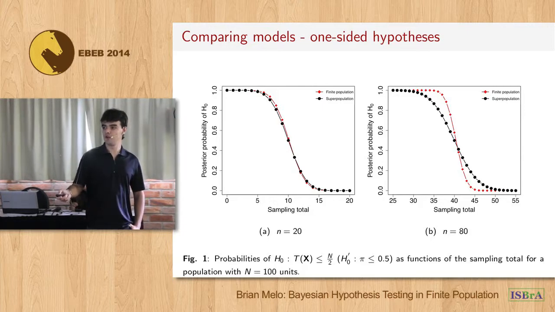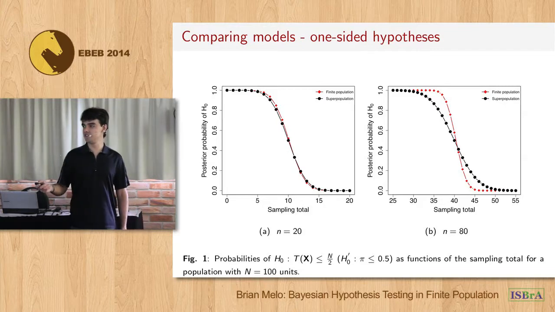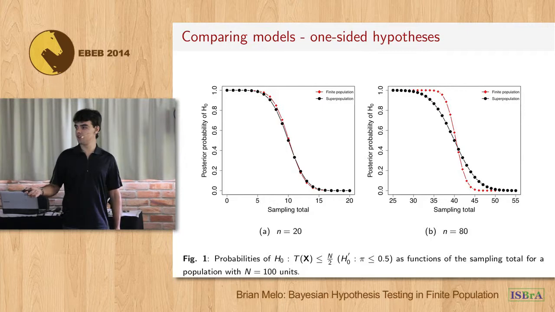So when our sample is small, the probabilities basically don't have any difference. It's very similar. The biggest difference here is 0.3 or 0.4, something like this. But as we increase the sample size, our difference increases. Here, for example, if you take the sampling total equal to 38, then we have more than 20% of difference between these probabilities.